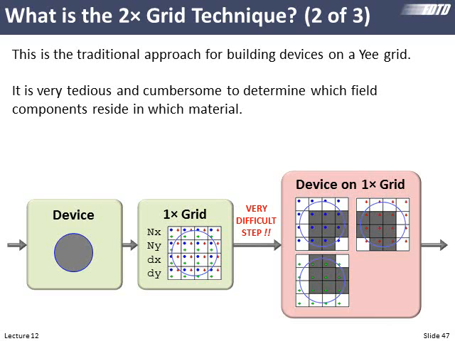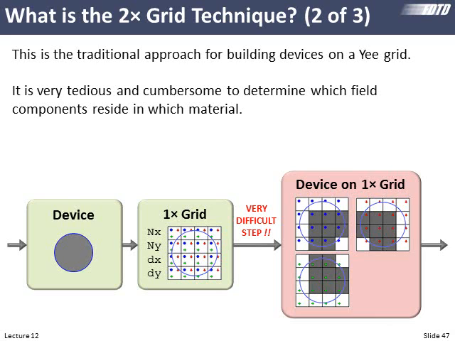If there's a curved surface slicing through the middle of a cell, all three can be different. So in fact, we don't just come away with one array describing our permittivity. For 2 dimensions, assuming we're ignoring all the off-diagonal tensor elements, we need 3. An epsilon xx, an epsilon yy, and an epsilon zz. And if there's something going on with the magnetic response, we potentially need 3 more. A mu xx, a mu yy, and a mu zz. And they all exist at different points in the grid.